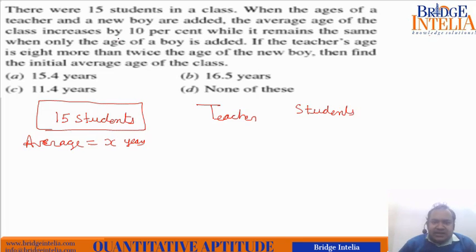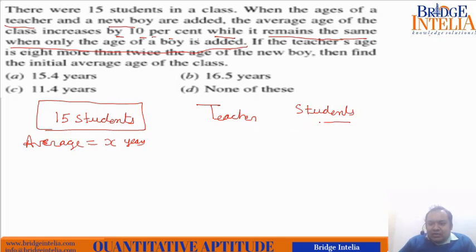Now let's read the data carefully. It says when the teacher and a new boy are added, that means both join this group, then the average increases by 10%. Now this is important: it remains the same when only the age of the boy is added.